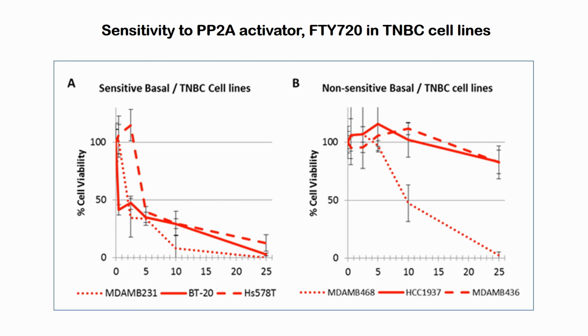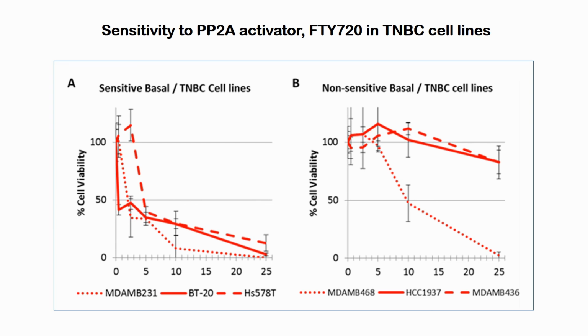As you can see in these graphs, graph A shows TNBC cell lines that are sensitive to FTY720. There is the percent cell viability on the y-axis, and on the x-axis we find the concentration of FTY720.